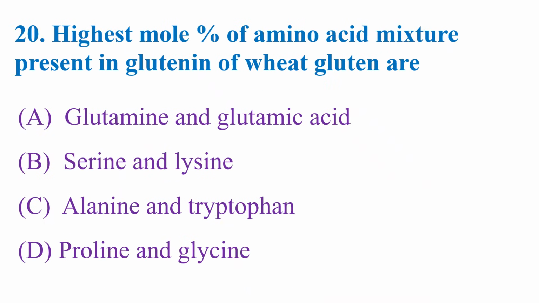Mole percent of amino acids present in glutenin of wheat gluten are: glutamine and glutamic acid, serine and lysine, alanine and tryptophan, proline and glycine. So glutenin is a major protein in the wheat gluten, and it is rich in glutamine and glutamic acid, short form GLN, GLU.